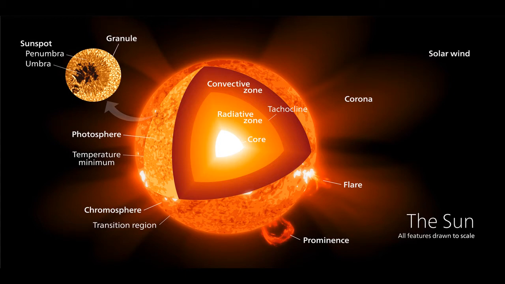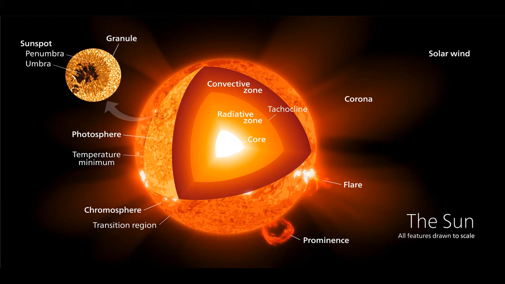Now the convective zone is much cooler than the radiative zone, about 2 million degrees. And because of this, some of the heavier elements present in the sun, like carbon, like oxygen, can hold on to their electrons. And this means that this layer is opaque. It traps heat. So instead of heat just bouncing around like it does through the radiative zone, the stuff in the convective zone is forced to convect.